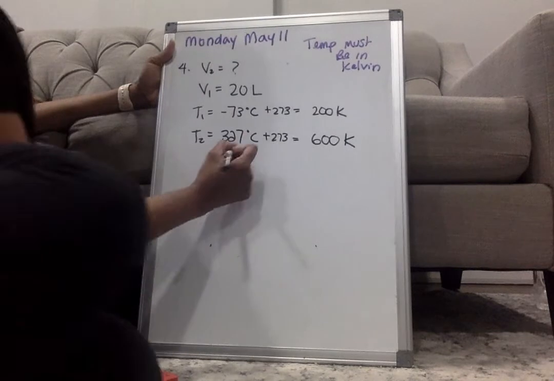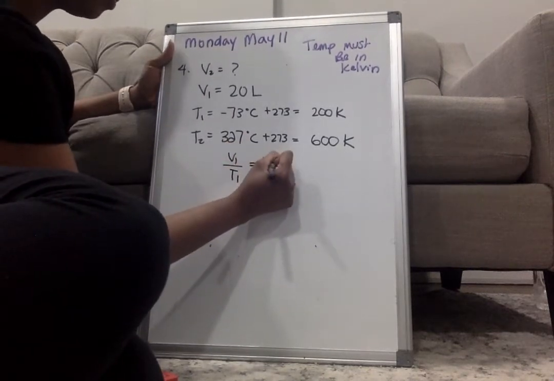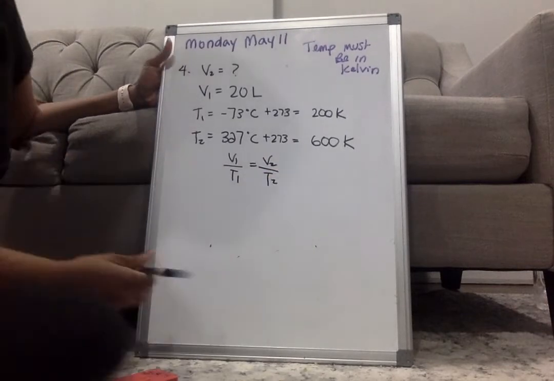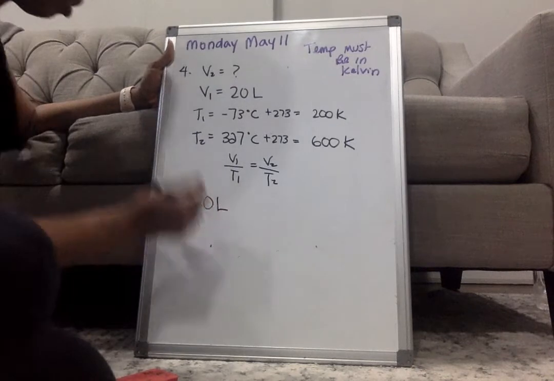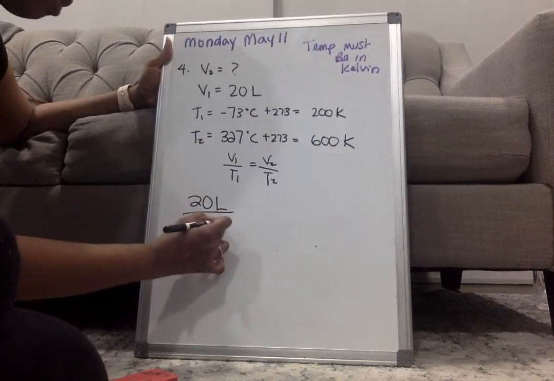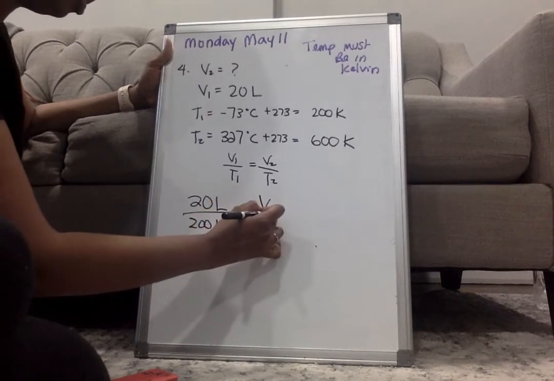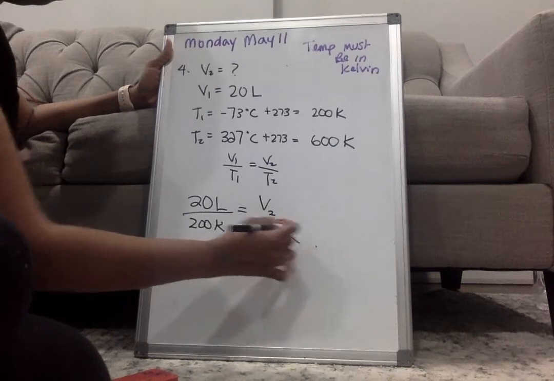So now I'm going to write my equation, my formula. That's Charles' law. V1, 20 liters over 200 Kelvin. That's equal to V2, that's what we're solving, over 600 Kelvin.